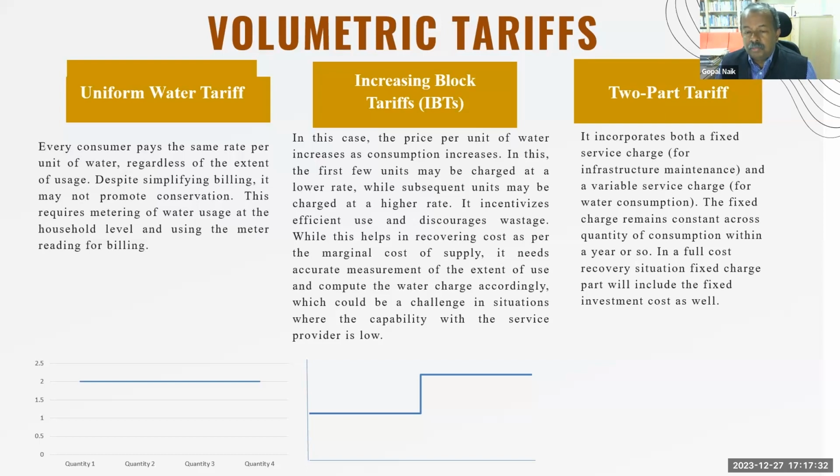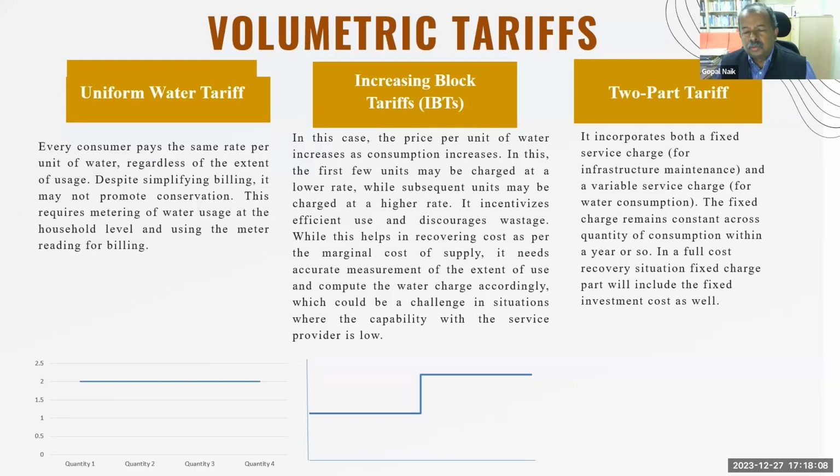It needs accurate measurement. That's one of the drawbacks of this particular tariff system, that you need to have proper measurement. Of course, measurement is required in all volumetric tariffs, but here you need to keep a very accurate record, because the tariff suddenly jumps, and therefore people will complain if the record is not correct or not maintained properly.